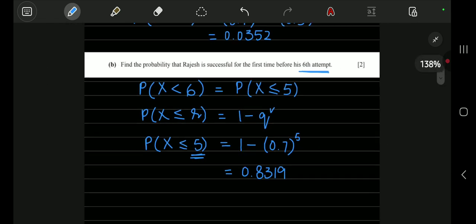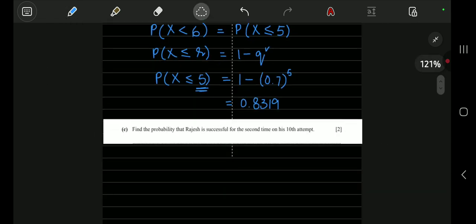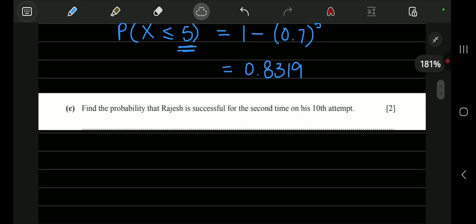Okay, now let's move to the next part, part C. Part C says find the probability that Rajesh is successful for the second time on his 10th attempt. Okay, now this means that on which attempt we will get success, we don't know.